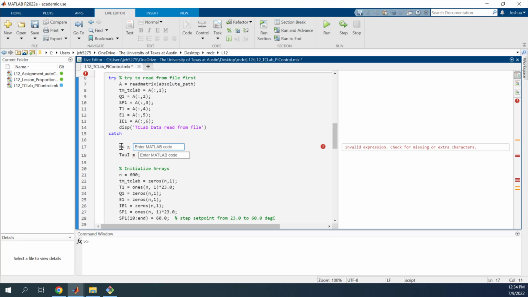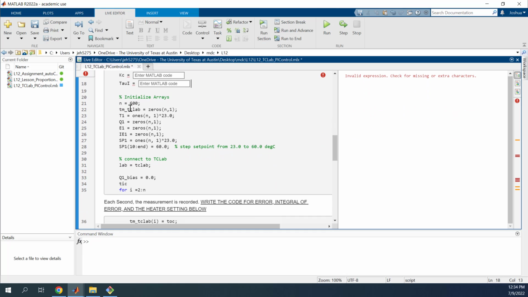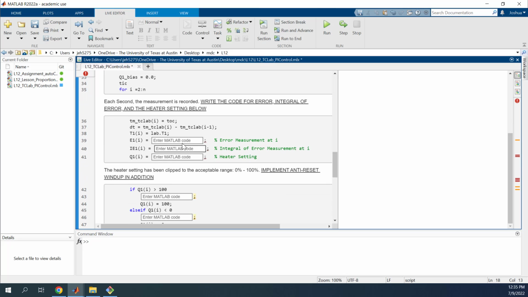The first time we run it, we'll have to run this catch portion. So the first thing we'll do is write in our Kc and our tau I. Then we'll have a timer for 600 time points, and we'll go through with timing the temperature control lab as well as all the values. Then we'll implement our controller.